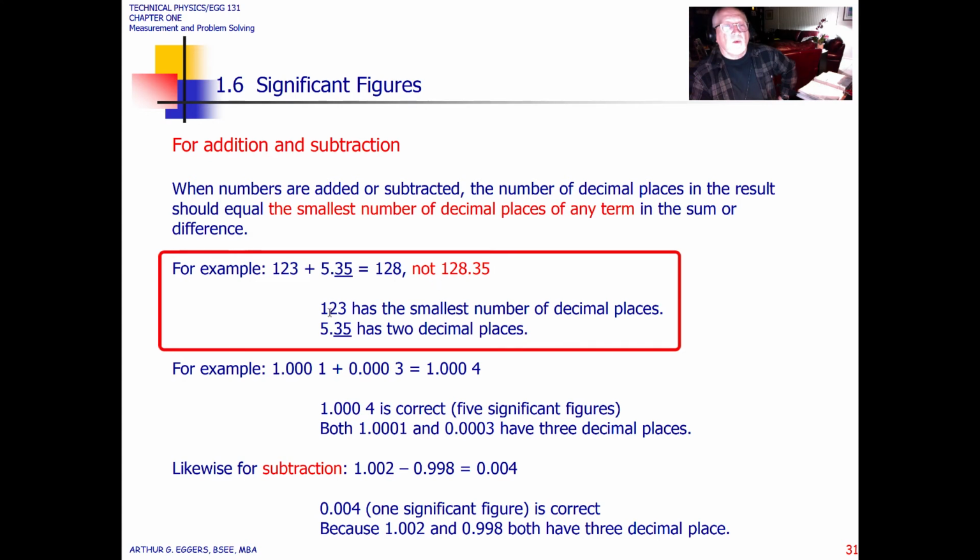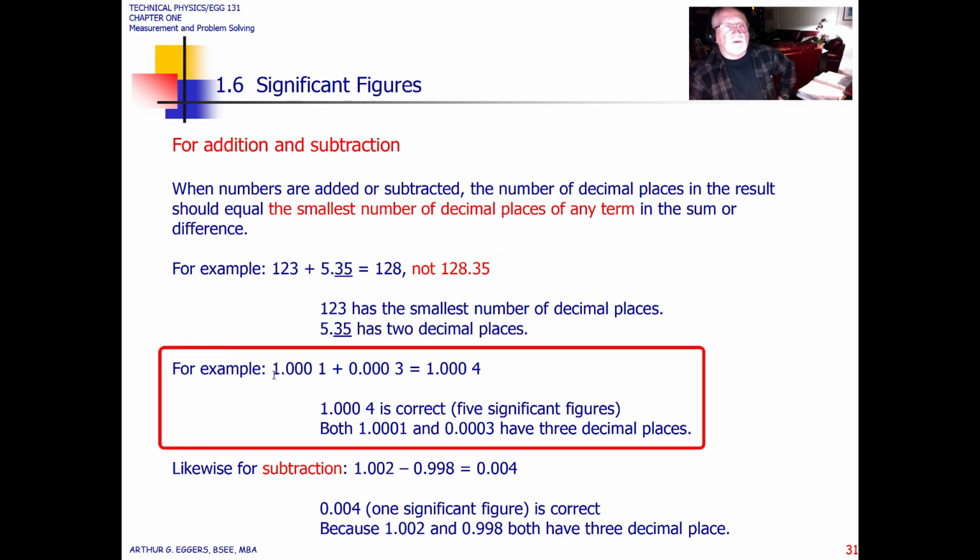Okay? The 123 has the smallest number of decimal places, understood to have a 0.0 here. 5.35, though, has 2 decimal places. So this has a larger decimal place value than the first. So we cannot carry the 0.35 forward as part of the answer and for it to remain accurate or justified.